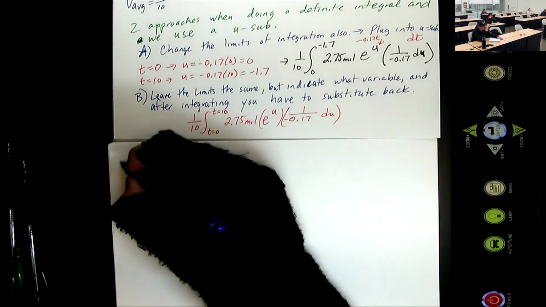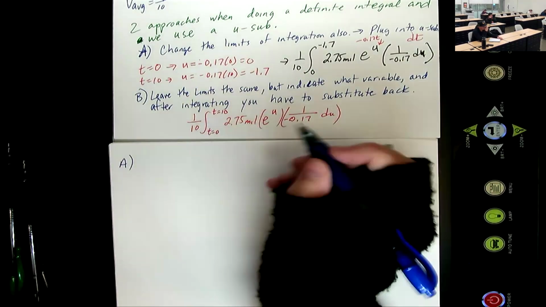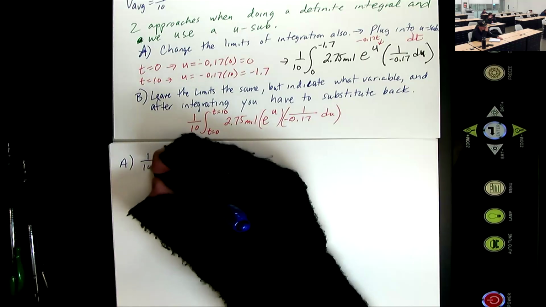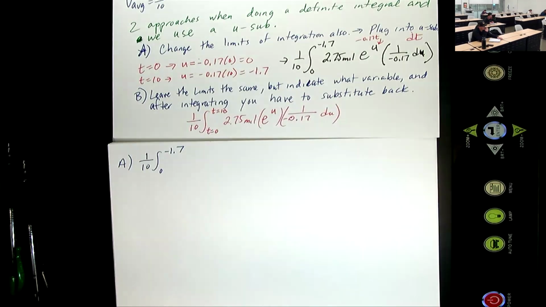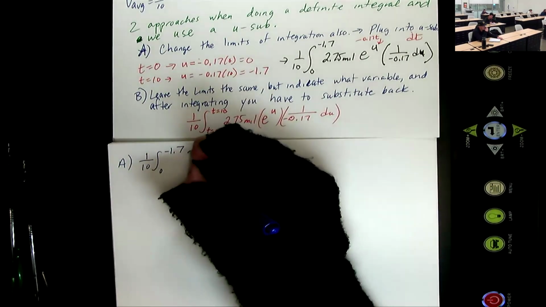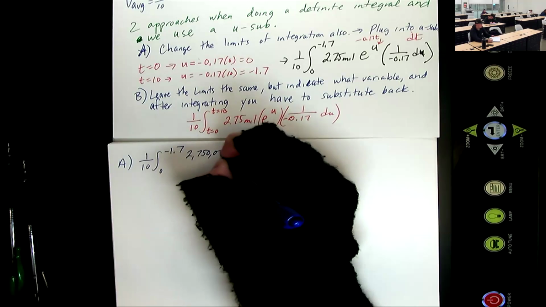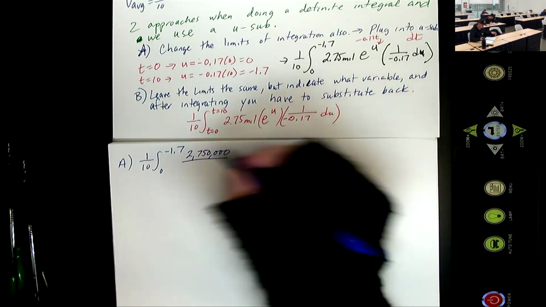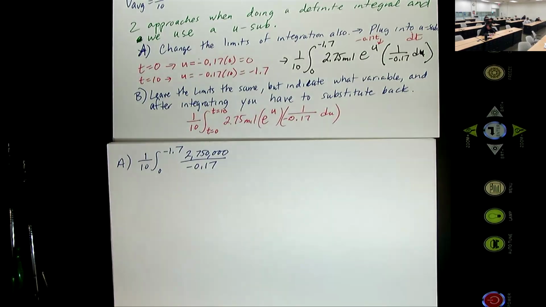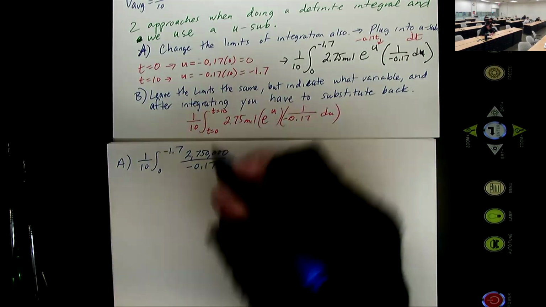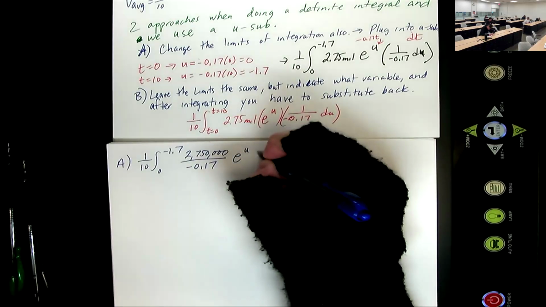So if we did option A, we've got 1/10, 0 to negative 1.7. I'll put in the full value here now, and I'm gonna put that negative 0.17 from the du with it. And then I have e to the u du.